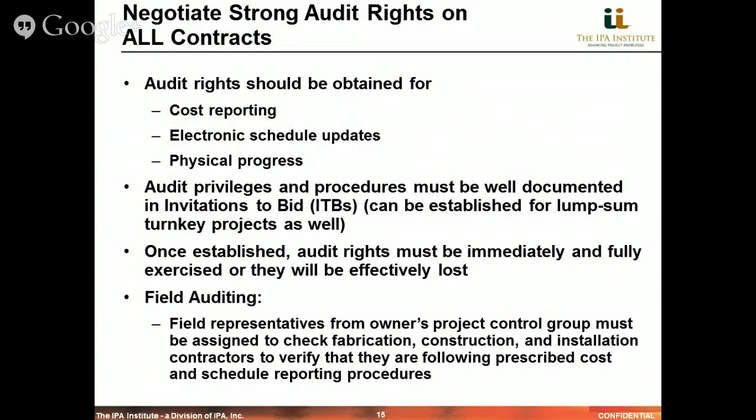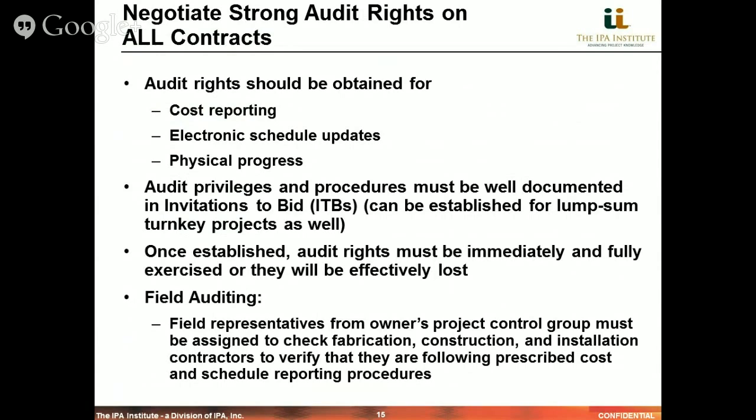That means they should be able to get electronic versions of the schedule at their monthly or bi-weekly updates. They should be getting detailed cost reporting, as well as a clear measurement process around physical progress to justify the claimed percent completes and progress of a project.